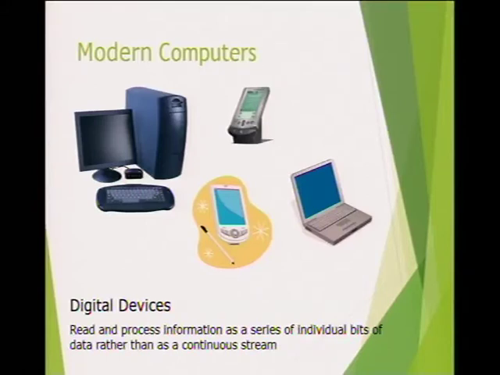You can see from that picture, one of the devices that was not there before is the phone, the smartphone. So look at that in detail as we go on. These digital devices help us to read and process information in a series of individual bits of data or bytes of data rather than as a continuous stream.